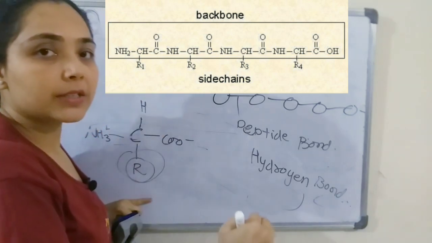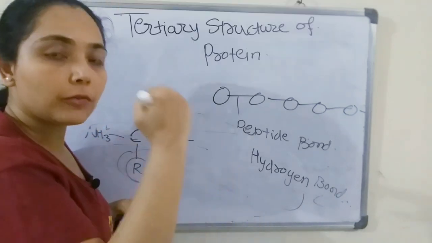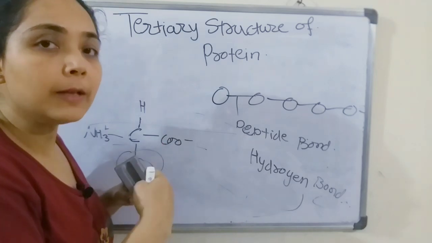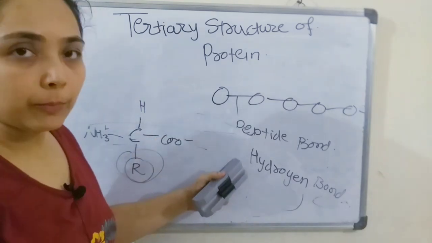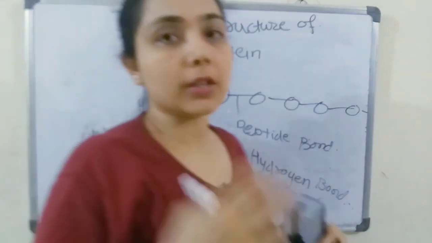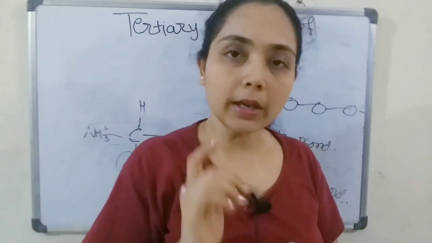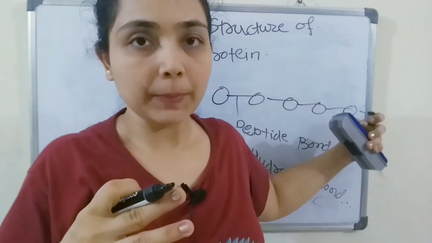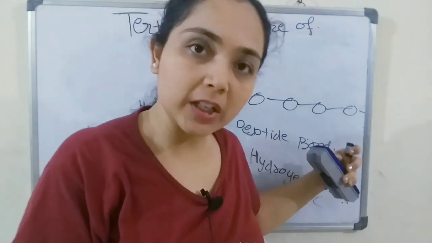In the tertiary structure, there is an involvement of the side chain, meaning there is an interaction or bond formation between the side chains as well as the backbone involvement. So that is the tertiary structure of the protein. Are you getting it? Amino acids combined to each other is the primary structure, where only the peptide bond is present.